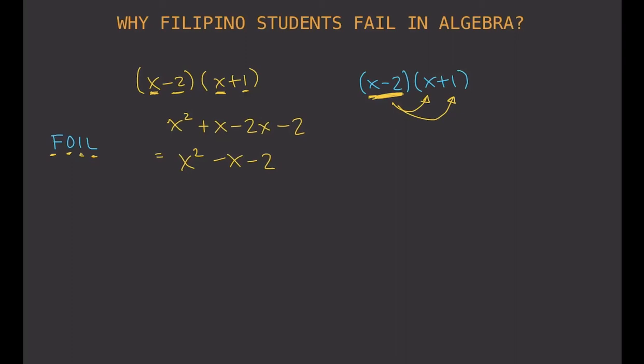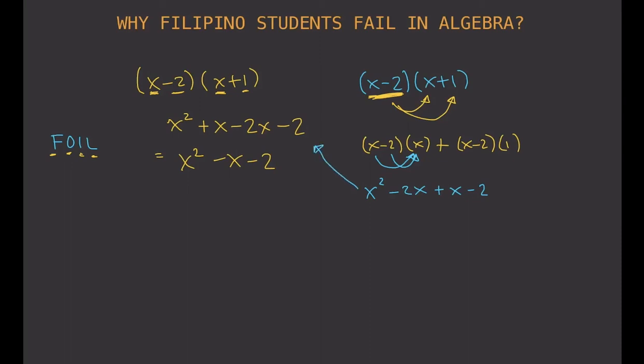So that becomes x minus 2 times x, plus x minus 2 times 1. You distribute the first factor to the terms of the second factor, and then you simplify. So that's x squared minus 2x plus x minus 2. And that's the same thing as this, right?